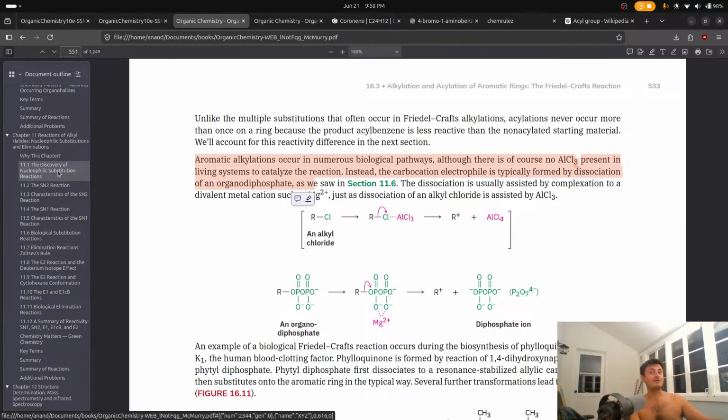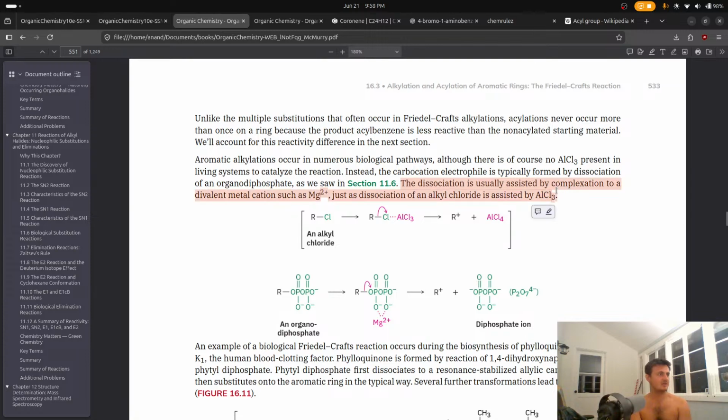Oh, wait. Winter. Yeah, okay. That was a long time ago. I don't remember organodiphosphate. The dissociation is usually assisted by a complexation to a divalent metal cation like magnesium.